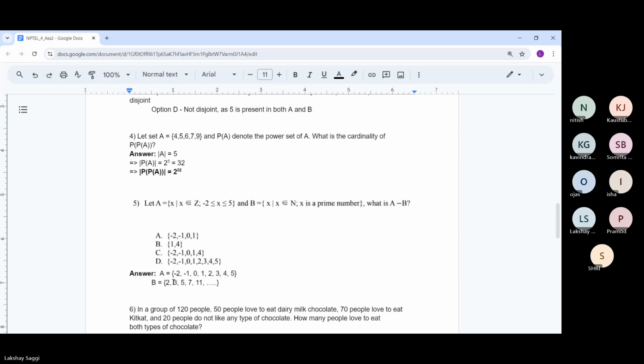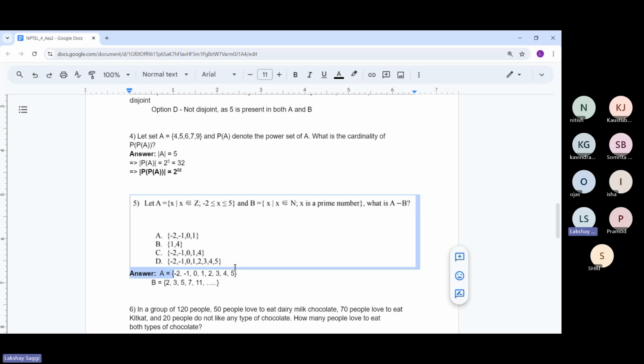But note that we have to identify what is the set A minus B. It's not too hard to describe the set A minus B, because in set difference, what we want is to remove from the set A the elements which are common with B also.